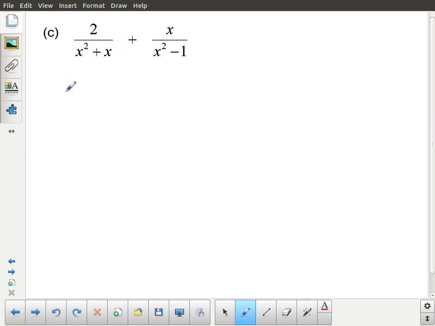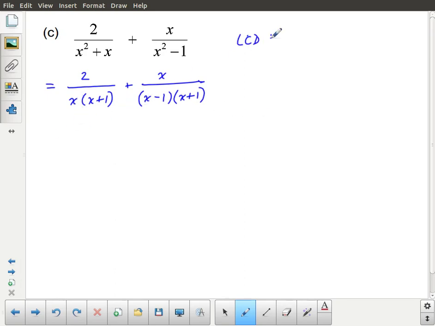Okay, in this case, first thing we're going to do is factor the denominators. So that's 2 over common factor of x, x plus 1, plus x over, and this is a difference of squares. This is x minus 1, x plus 1. So now my lowest common denominator is going to be all of these factors represented.